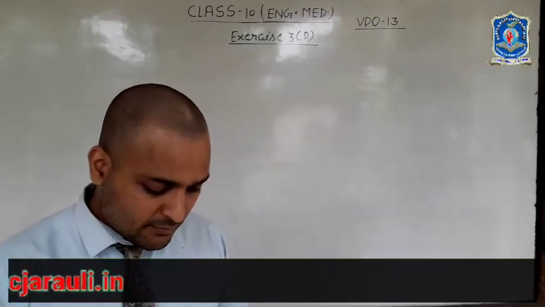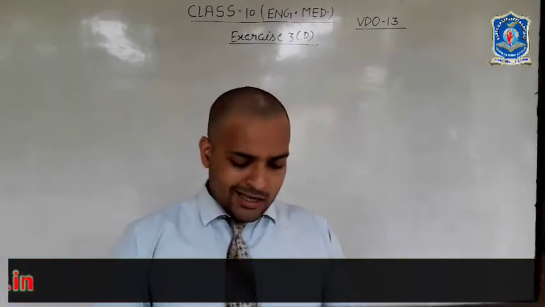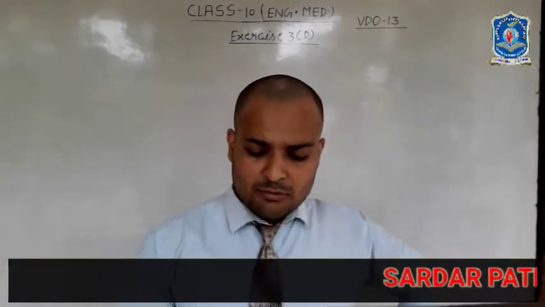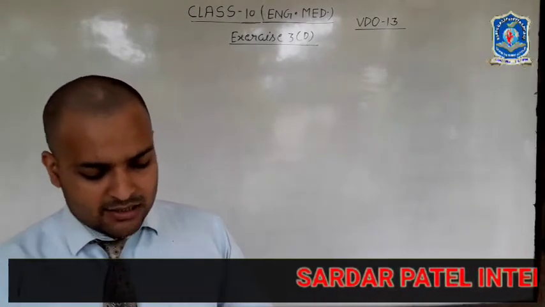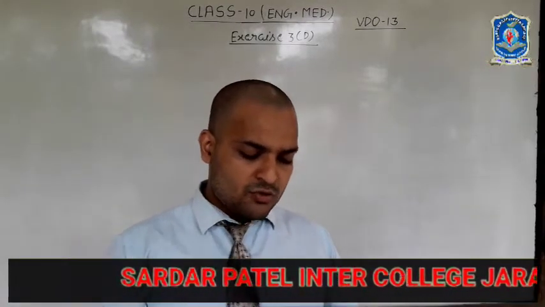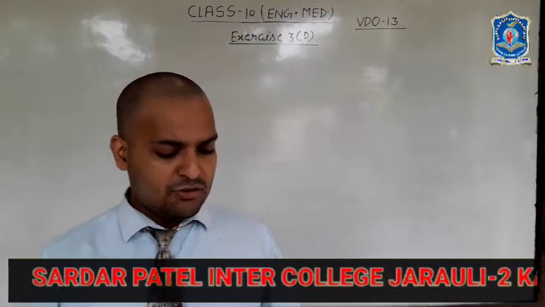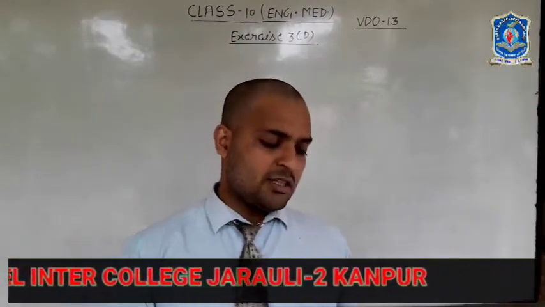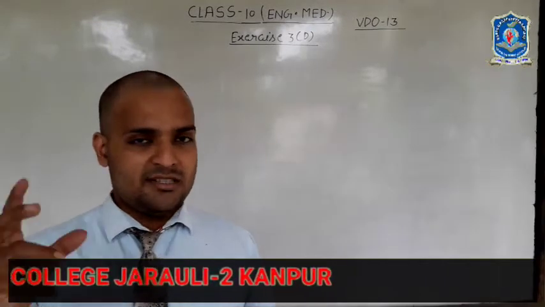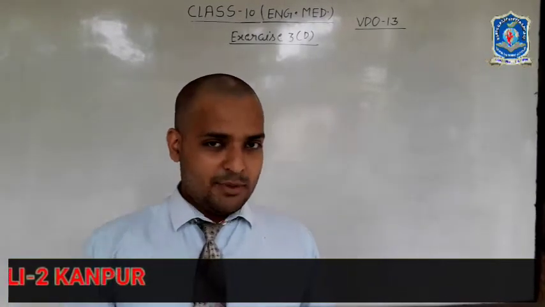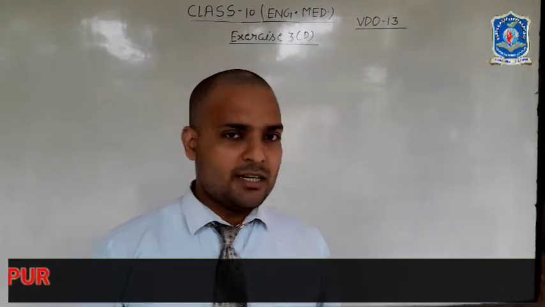Okay, now in question number 9: in each of the following systems of equations, determine whether the system has a unique solution, no solution, or infinitely many solutions. In part A there is a unique solution, find it. Did you understand? The question is saying to compare a1 by a2, b1 by b2, c1 by c2.